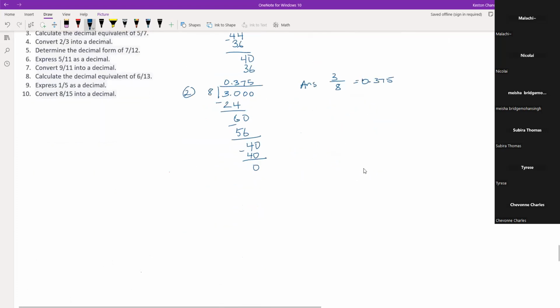Right, number 3. We have 5/7, so 7 into 5 cannot. Add a 0, 7 into 50 is 7, 7 by 7 is 49. Subtract, we get 1, bring down another 0. 7 into 10 is 1.